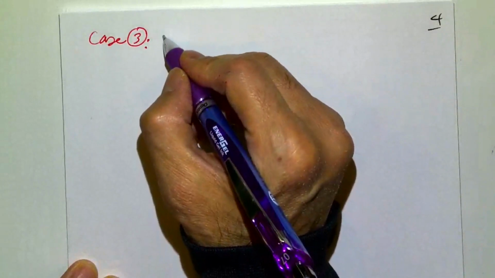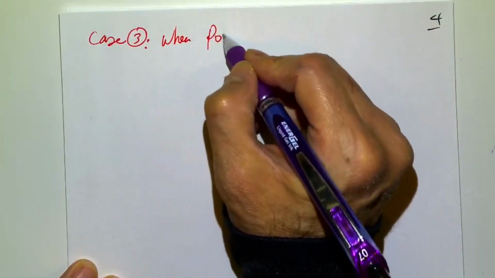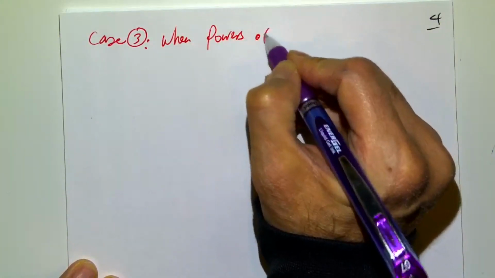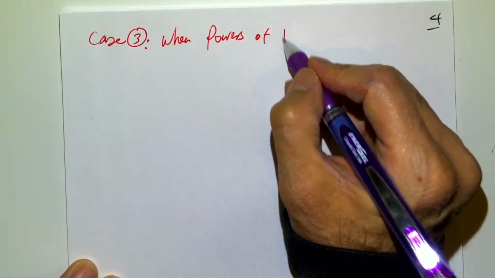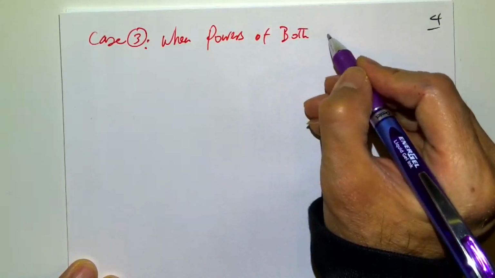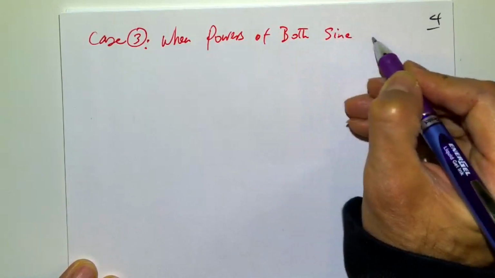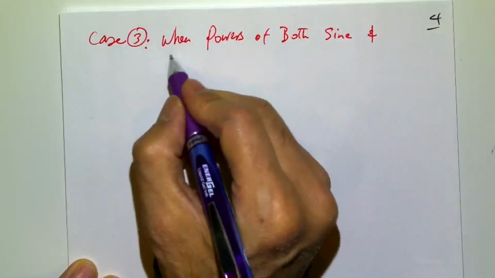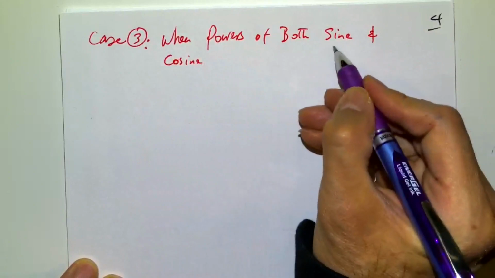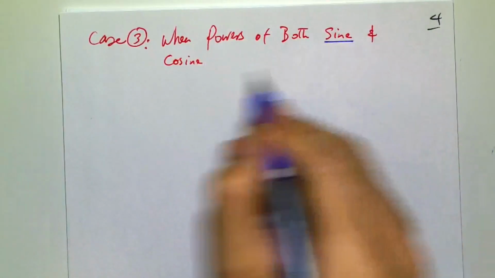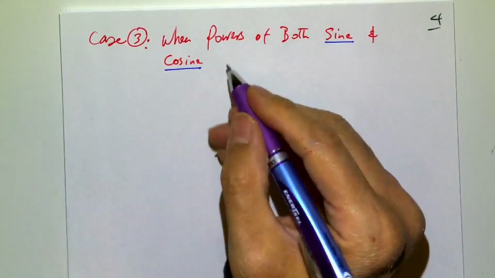So what about if they're even? So when powers of both sine and cosine, these two, are even.